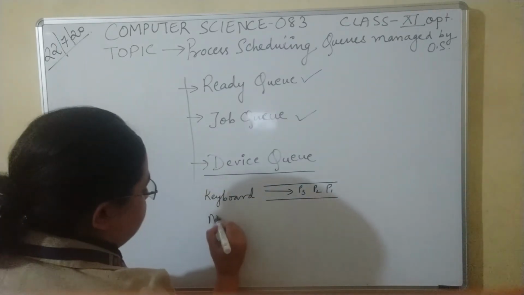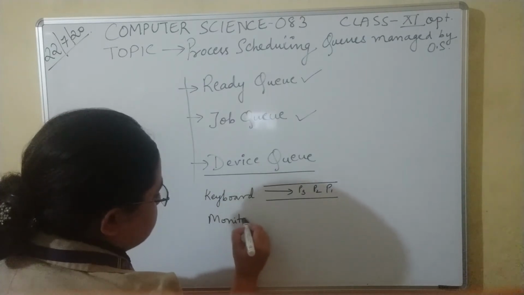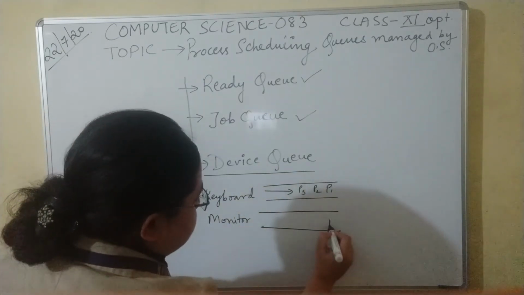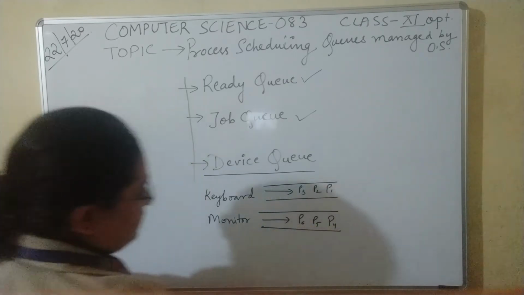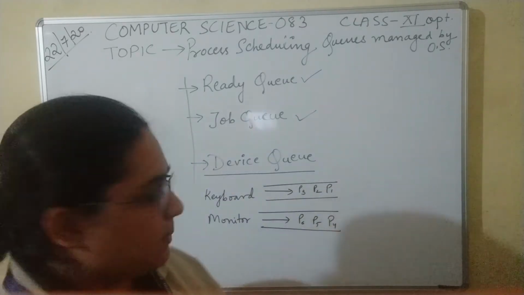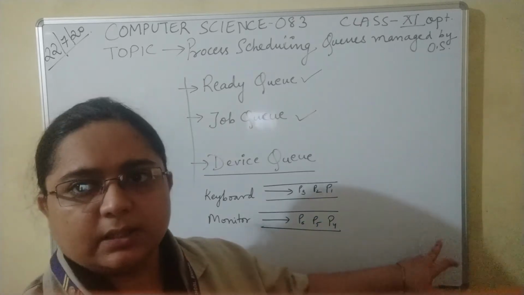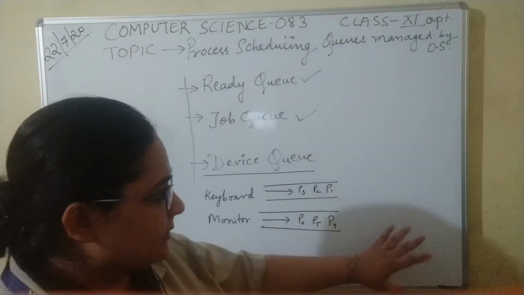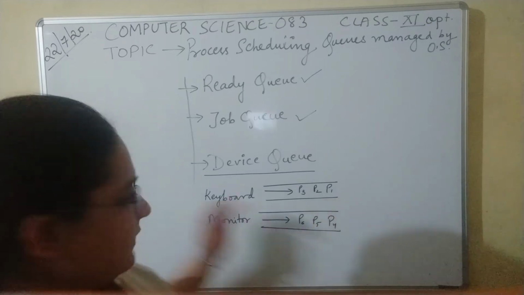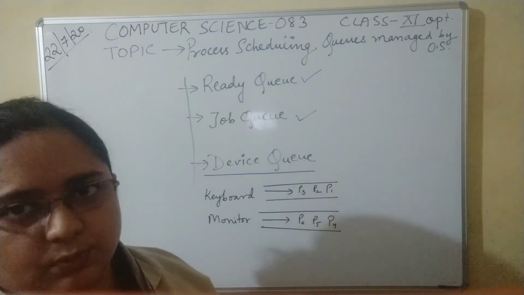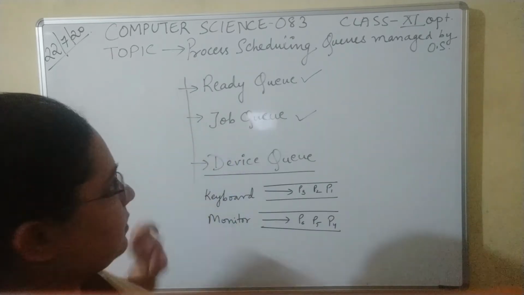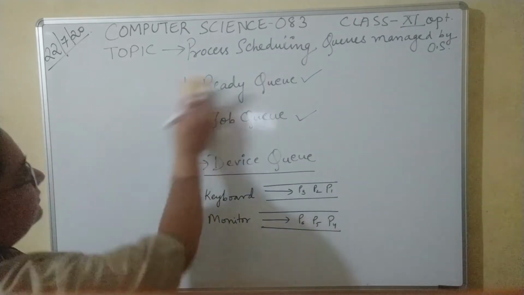Some of them might be waiting for the monitor, so they are waiting to be sent to the monitor's screen. Likewise, different devices will have their own different device queues. So these are the three types of queues which we studied.